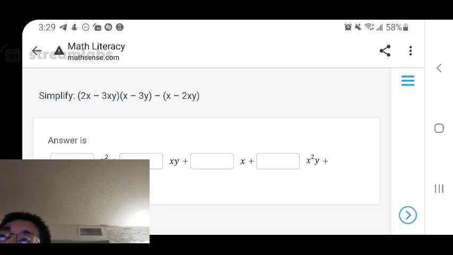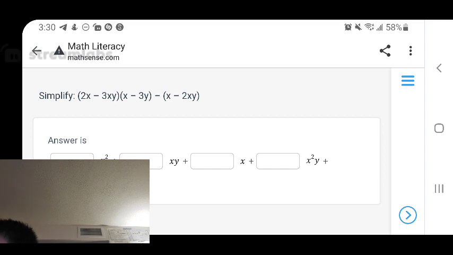Simplify. You want to... what do you call this? 2x squared minus 6xy minus 3x squared y plus 9xy squared minus x plus 2xy.